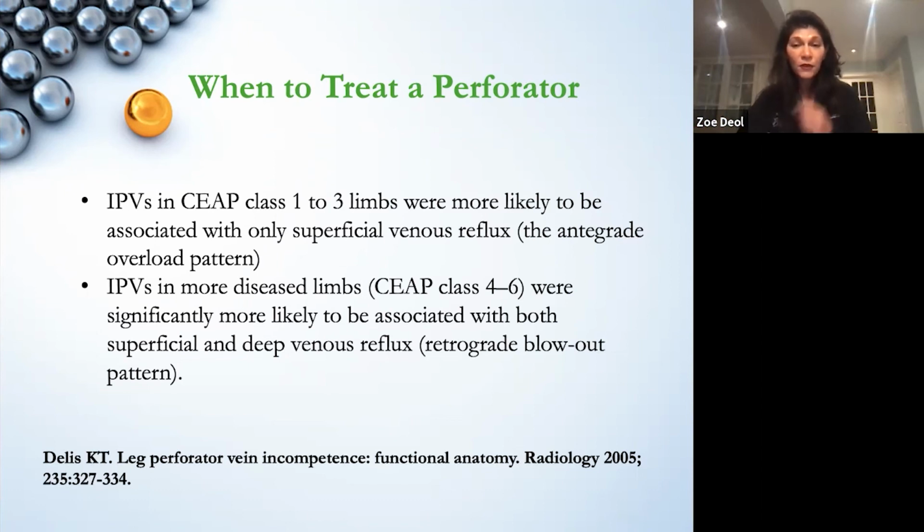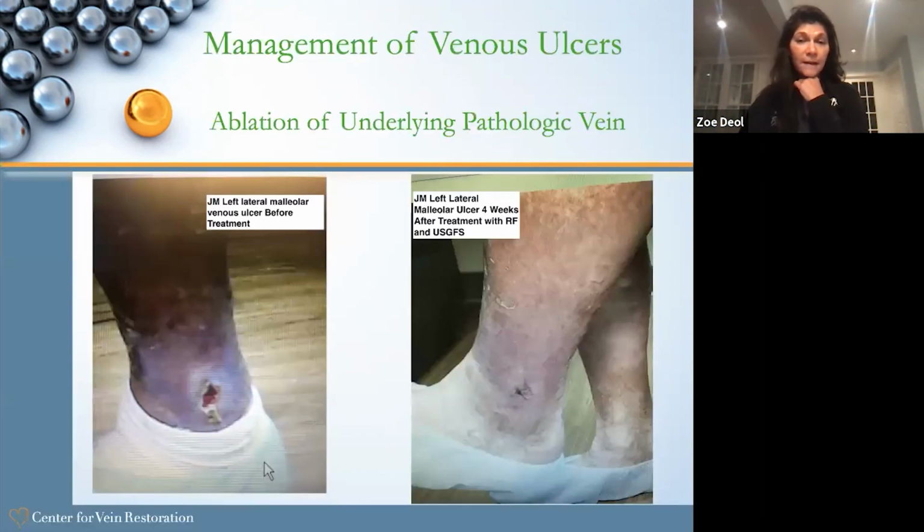That's why when we discussed doing virtual follow-ups, we talked about doing those in CEAP 1 to 3, because those patients are more likely to improve and have a longer interval between incidences of their chronic venous insufficiency. Whereas CEAP class 4 to 6, we should see those in person, because they are more likely to have recurrent problems, perforators we need to deal with, or proximal disease we need to identify and correct.